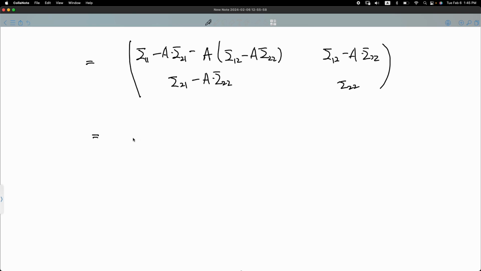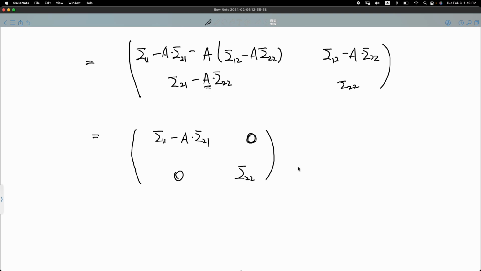The off diagonal elements are zeros because A is defined in a way that sigma 2 1 and sigma 1 2 are equal to A sigma 2 2. So all the off diagonal elements cancel out. You have sigma 2 2 remain, and you can double check after you do the simplification.